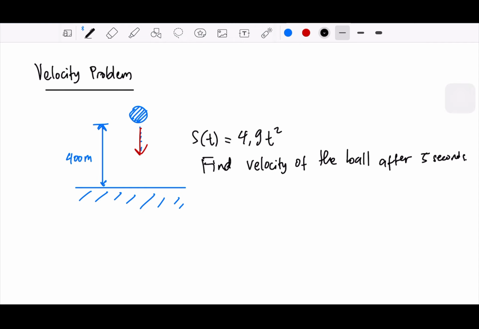If you don't have any terms yet for calculus, derivative, and so on, then how do we calculate this? We know only 5 seconds, after 5 seconds.